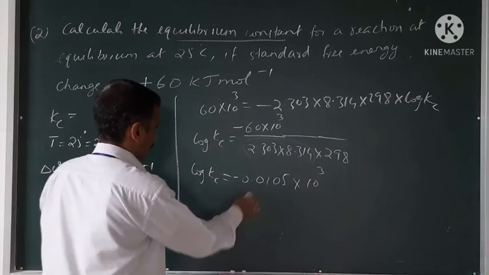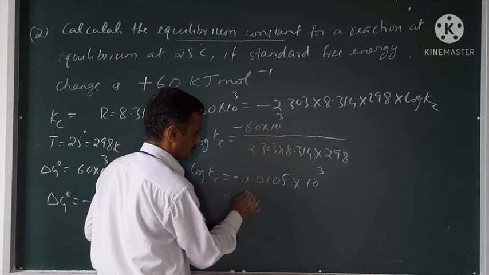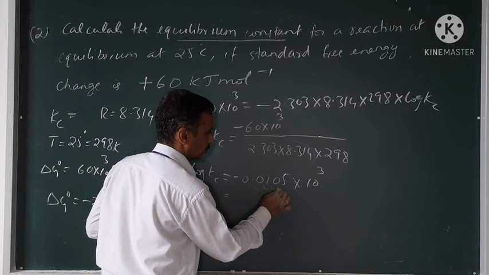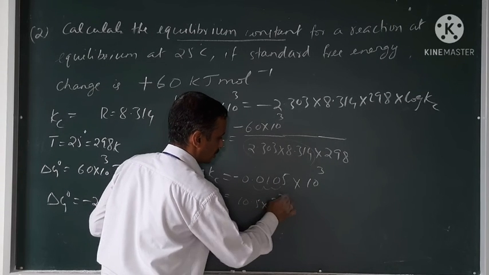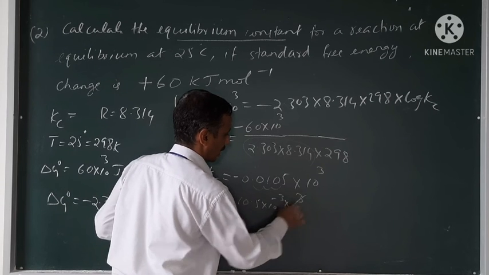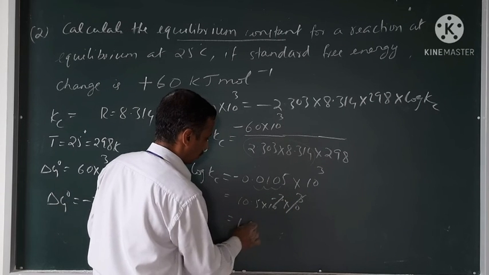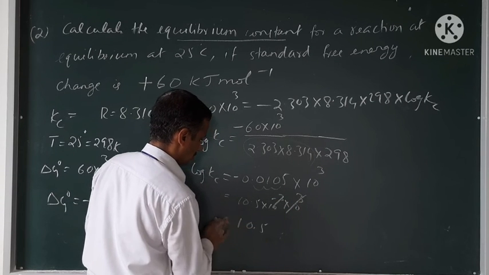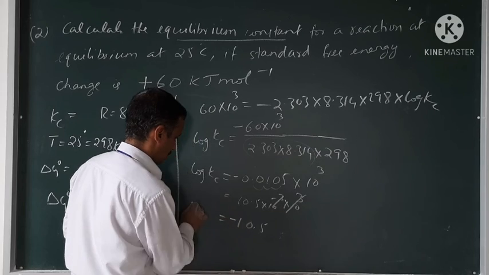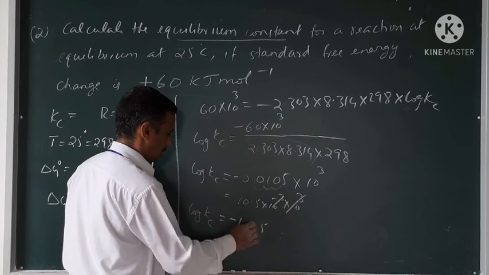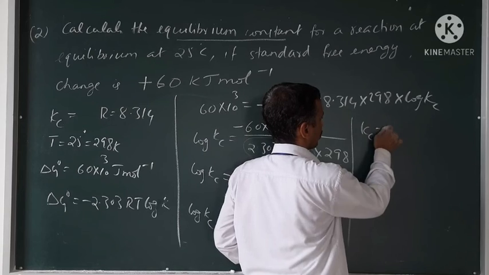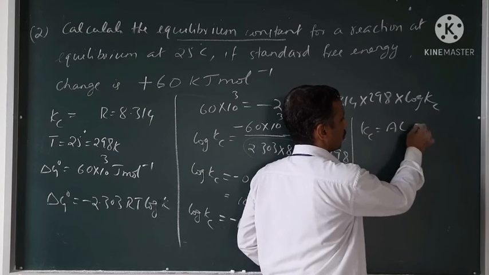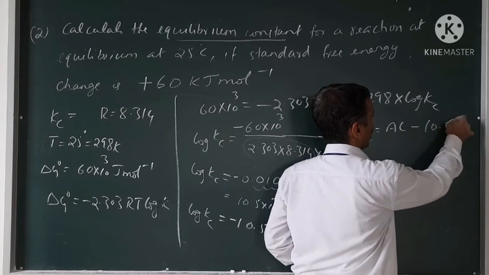Now, this can be written as 10.5 into 10 over minus 3 into 10 over plus 3. They get cancelled. So 10.5 with a minus sign is log Kc. Now, Kc is equal to the anti-logarithm of minus 10.5.